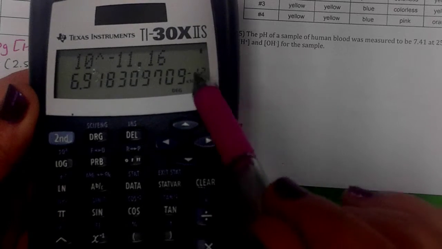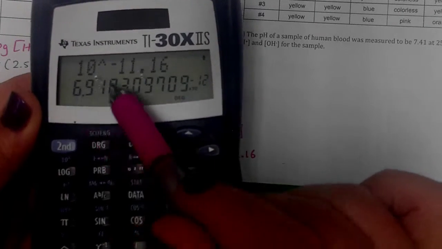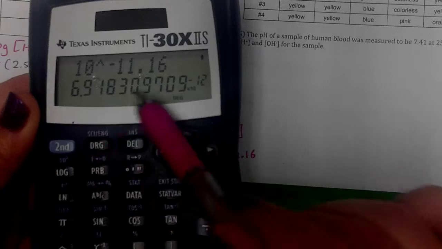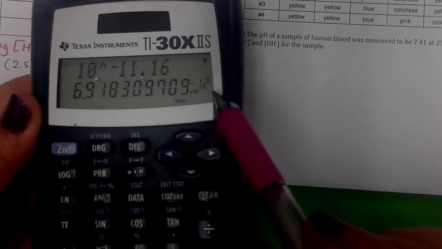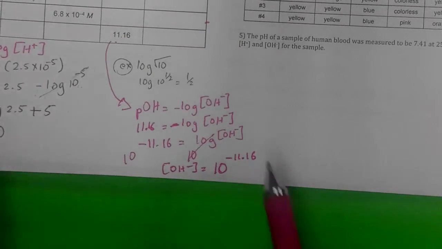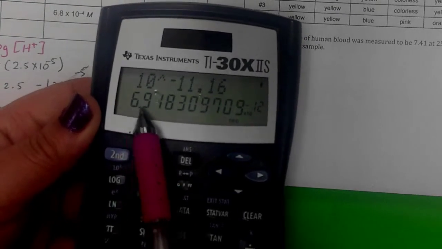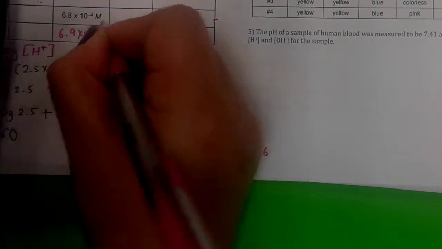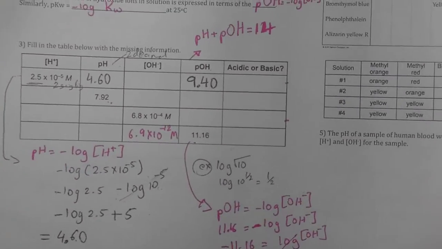You're going to get 10 to the negative 12, and that part gives you some number. In this case, you get 6.9 times 10 to the negative 12. Notice that's two decimal places, so two sig figs, so I'm only going to say 6.9. So 6.9 times 10 to the negative 12 molarity. Okay, on the test.